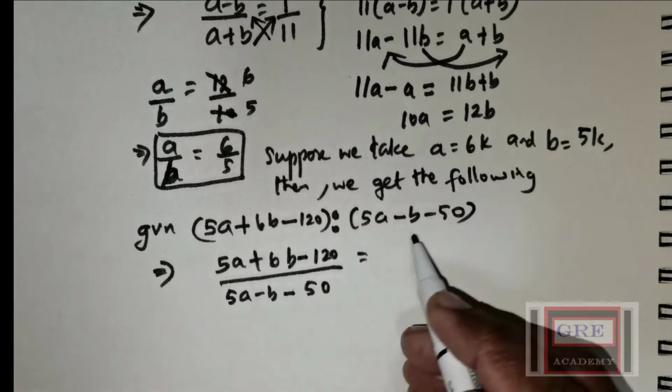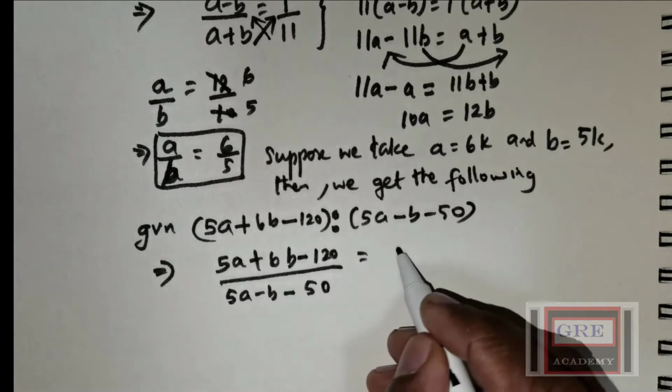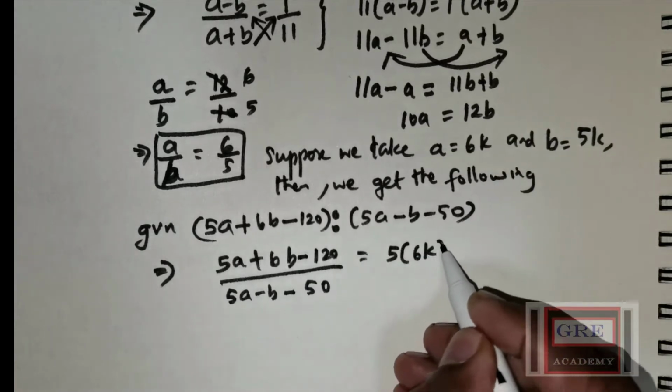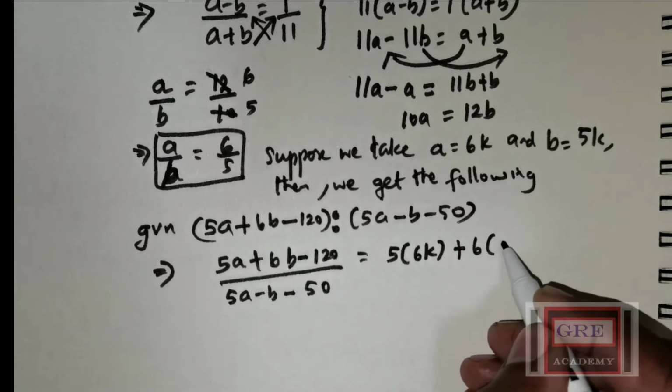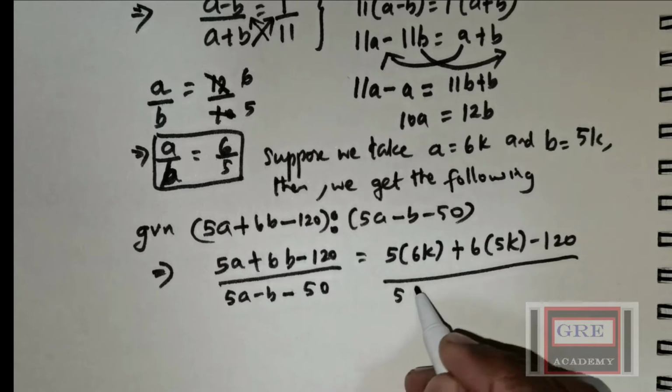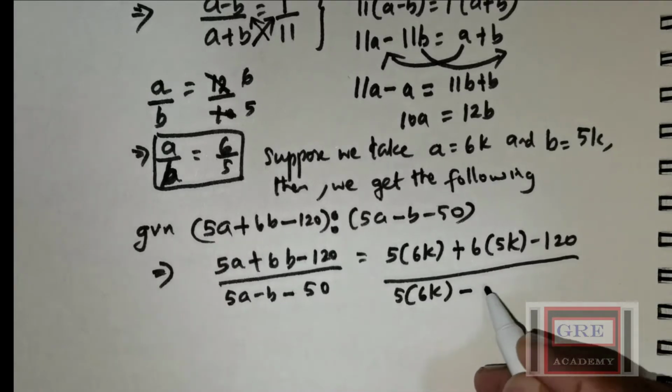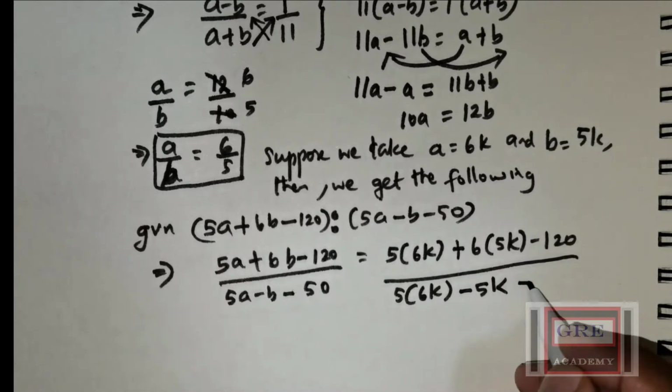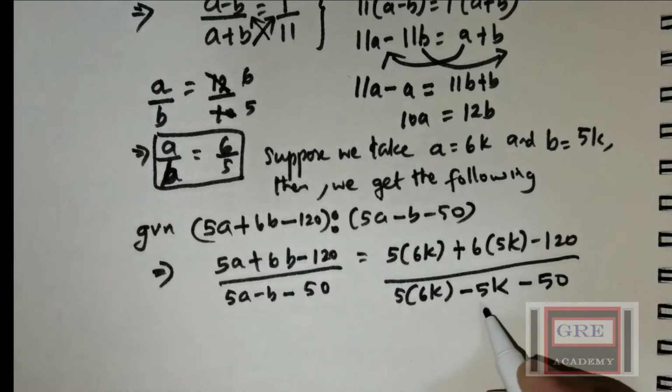Now since a is equal to 6k and b is equal to 5k, this can be rewritten as (5 times 6k + 6 times 5k − 120) divided by (5 times 6k − 5k − 50).